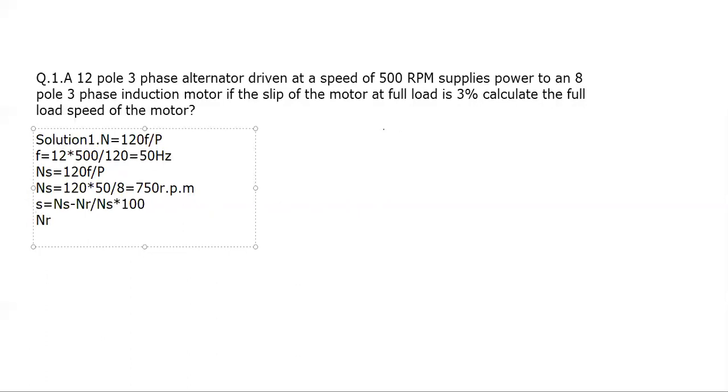So Nr becomes, after rearranging these values, 727.5 rpm. Slip is 3, Ns is 750. You just rearrange it and you will get this value. So this is a very simple question on the three-phase induction motor. Hope it is clear to all of you. Thank you.